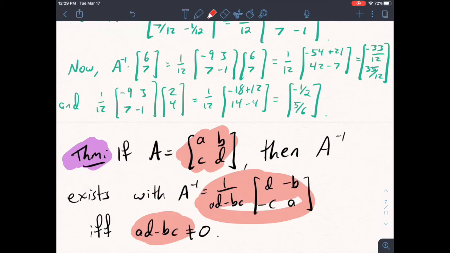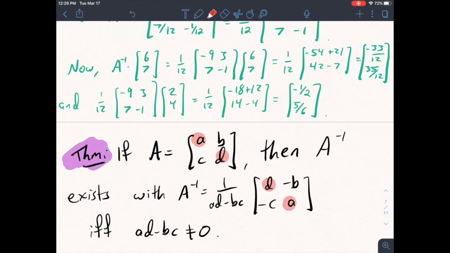Our formula is just we take the diagonal entries and switch their spots, and our off diagonal entries, I keep them in the same place and I make them negative.